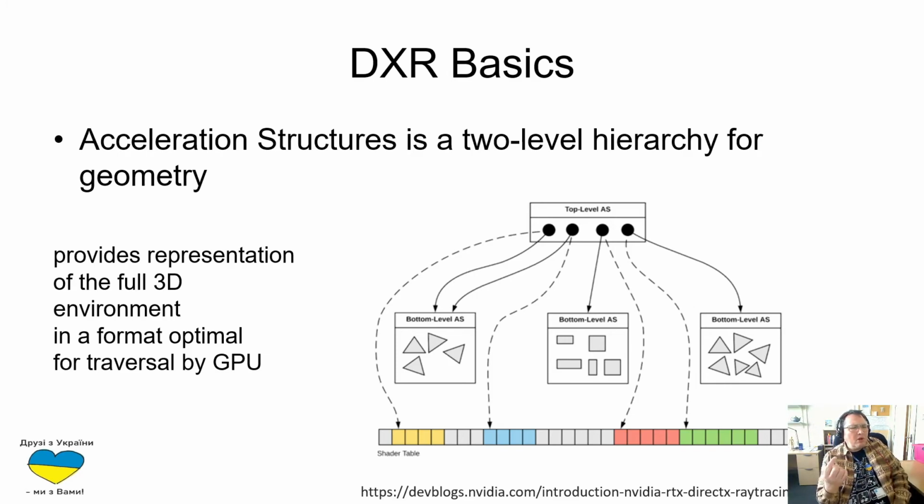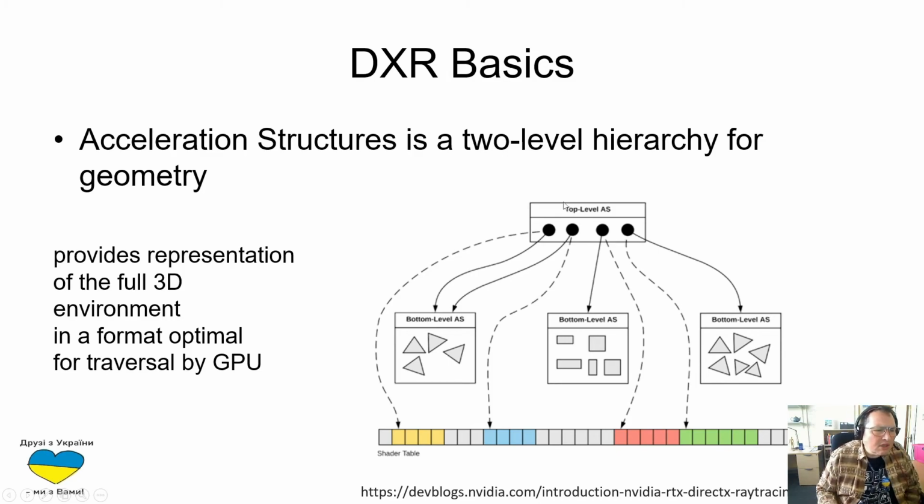First of all, the GPU or the shader program must receive a representation of the full 3D environment in the mathematical format that is optimal for being traversed in the GPU. This uses something that is called a shader table.